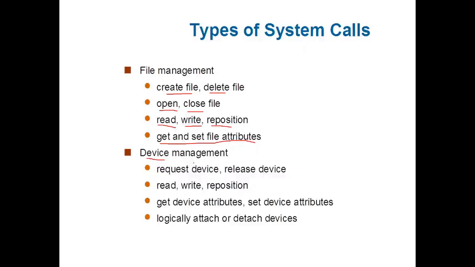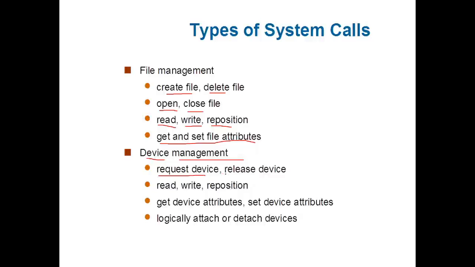And under device management, suppose any devices are connected to your system, like USB pen drives or cable wires, or when you connect printers or scanners to the system, they will all get detected. So this is a request device call. Whenever any process requests a device, this system call will be called.